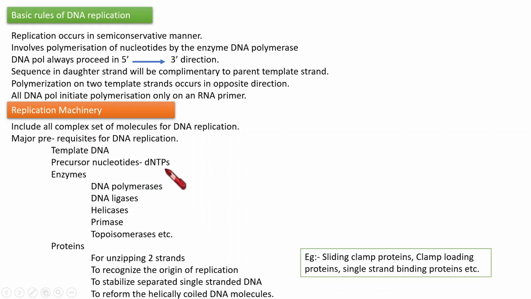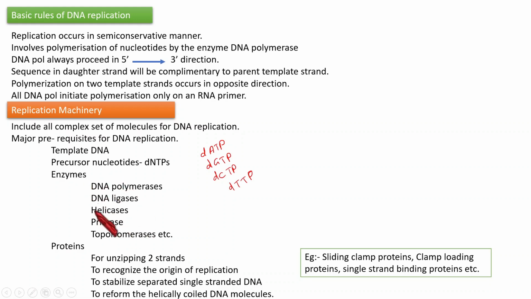Many different types of deoxyribonucleotides are necessary, like deoxyadenosine triphosphate, deoxyguanosine triphosphate, deoxycytosine triphosphate, deoxythymine triphosphate, like these. So many different deoxyribonucleotides are necessary.